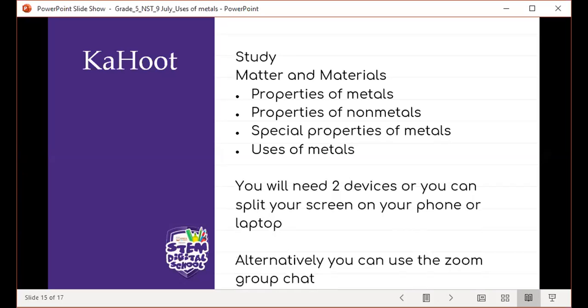Or alternatively, you can use the Zoom group chat to send through your answers. So this is how it's going to go. I need you guys to follow with me now. You must not exit the Zoom meeting or the Zoom class. This is how it will go. So I'm going to share my screen, all right?